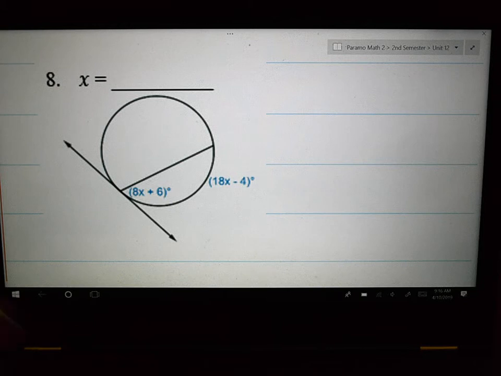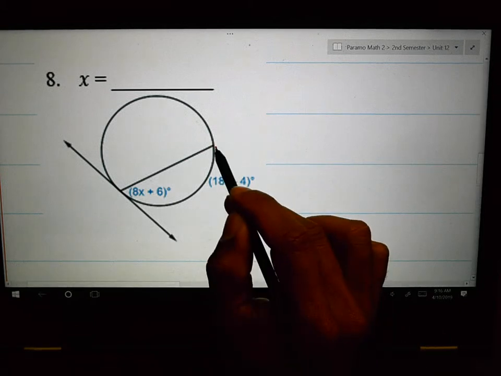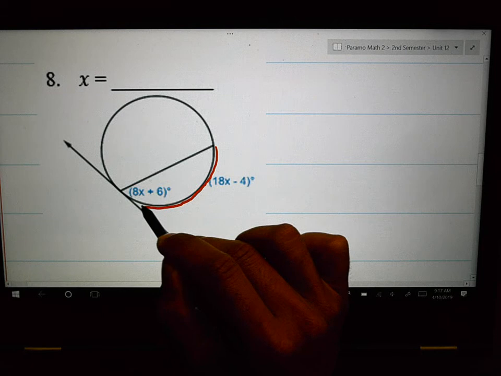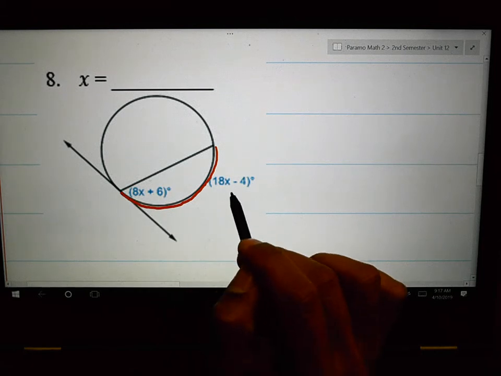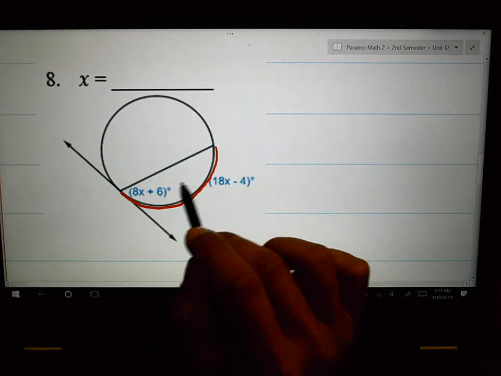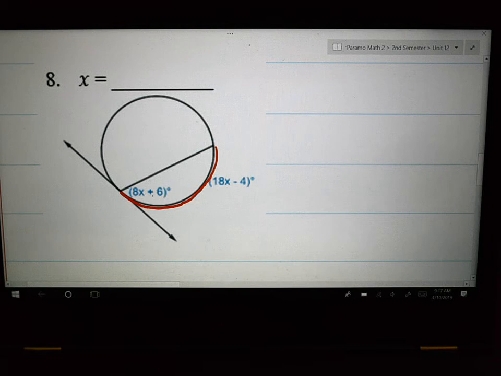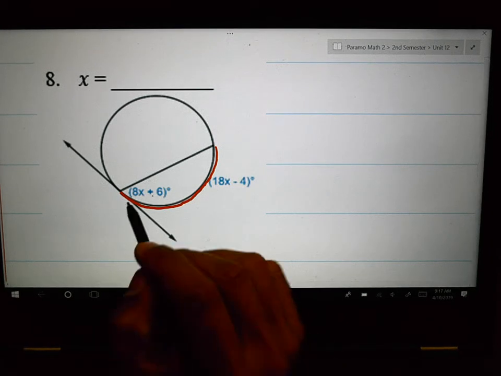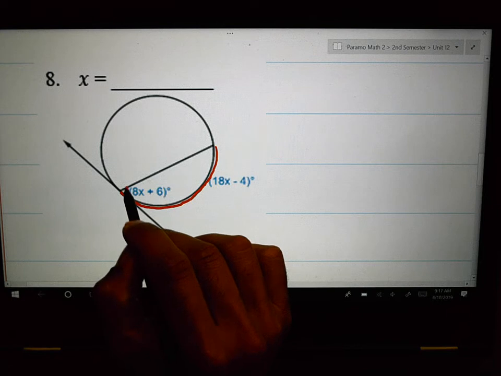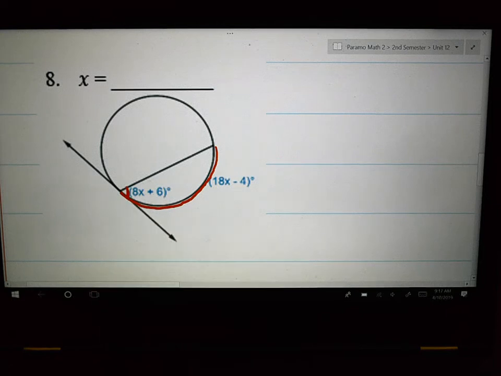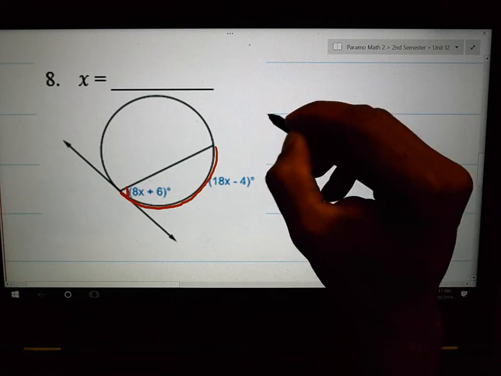You have to use the properties. So this arc is 2 times as big. Half of this is equal to that. But instead of dealing with fractions, sometimes it's just easier to double the smaller piece. This angle right here is 8x plus 6. If I double that, it should be equal to the 18x minus 4. So that's how I'm going to start.